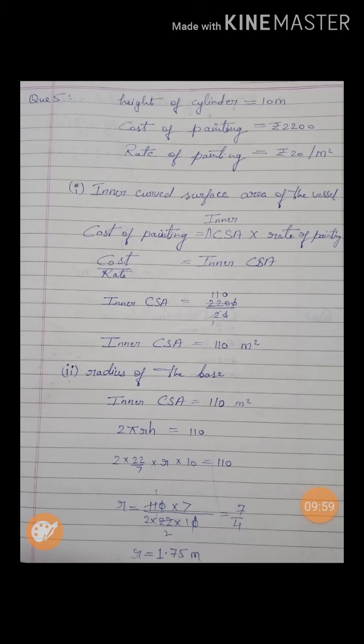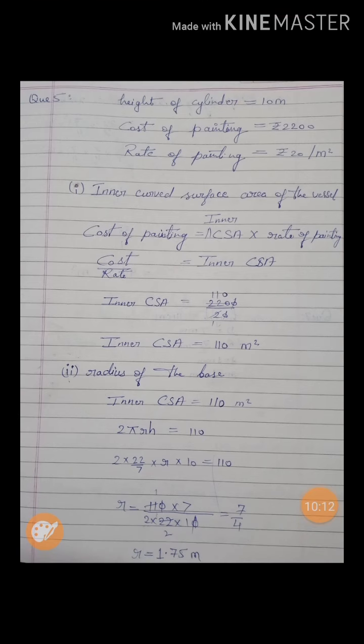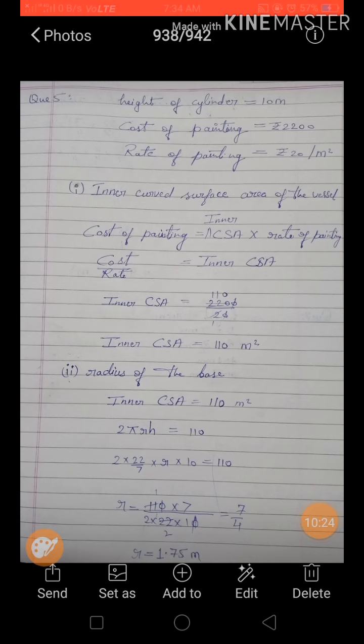So there is a cylindrical vessel, if we paint only the inner curved surface, its cost is 2200 rupees, and its depth is given 10 meter. So depth of the cylindrical vessel we shall take as height of that cylindrical vessel, and rate is given. Cost of painting is rupees 20 per meter square.